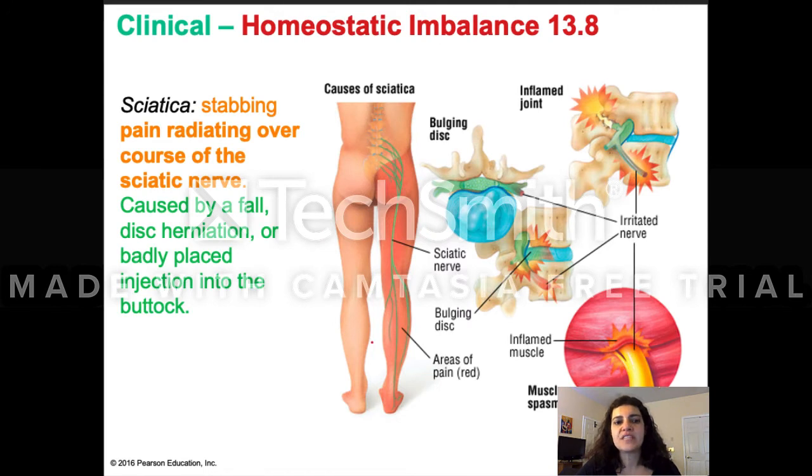Everybody has heard of sciatica, right? Stabbing pain radiating over the course of the sciatic nerve. So any pressure around the sciatic nerve, that could be in the spinal cord because of some type of herniated disc, or any other pressure by muscle.